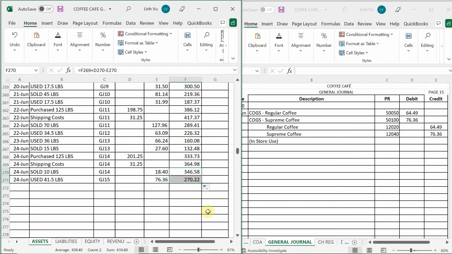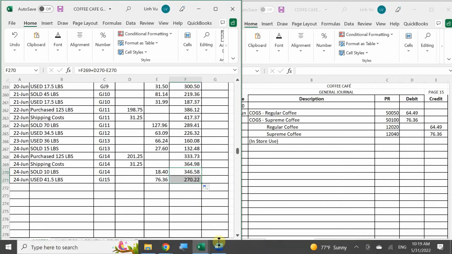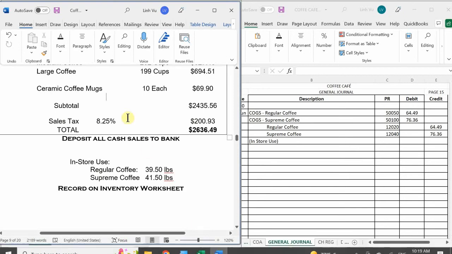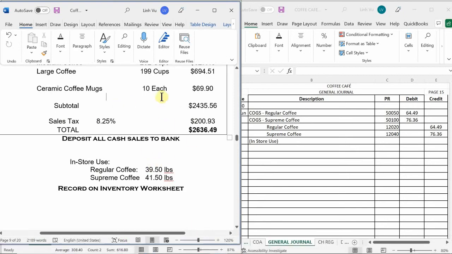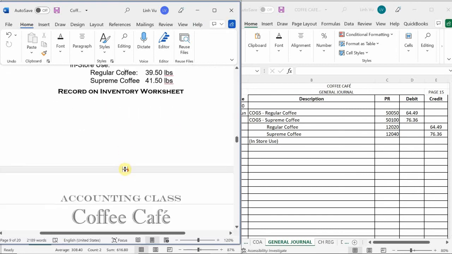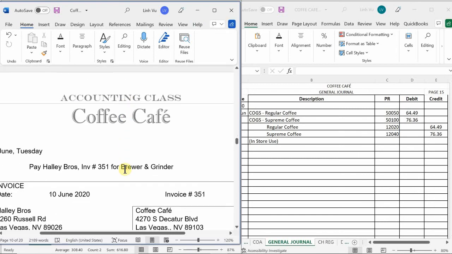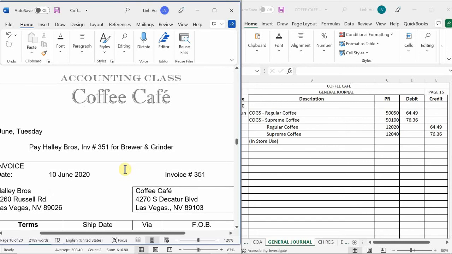All right, so we deposited the money. We updated our sales, right? We also updated our inventory. Okay, so now we can finally move on to the next day.